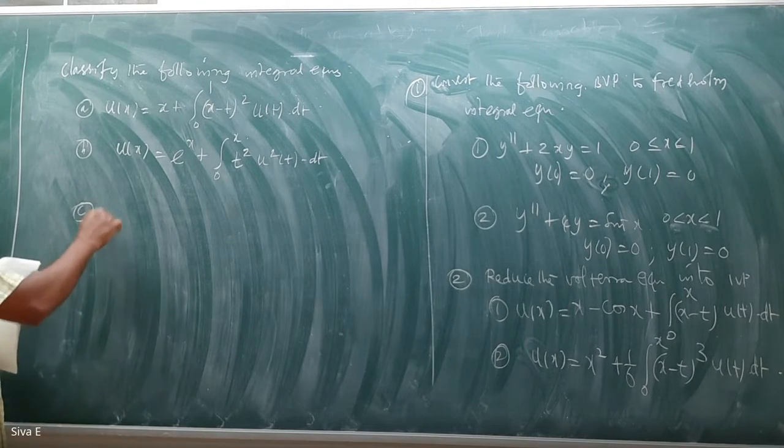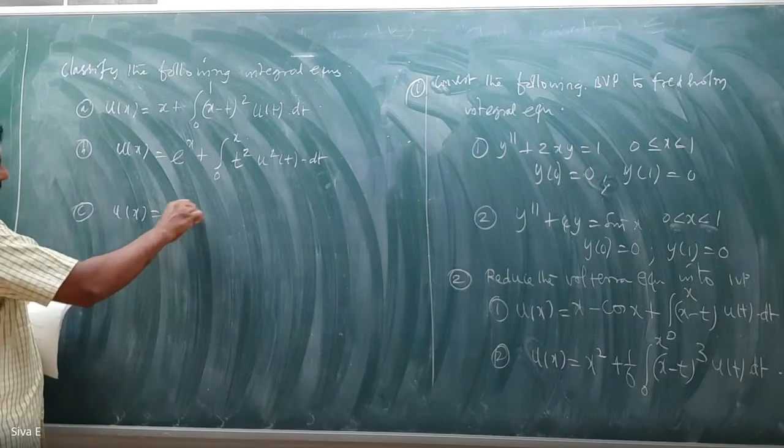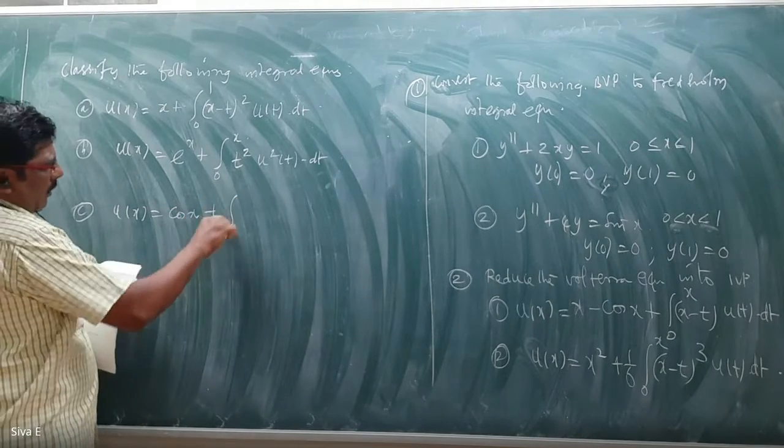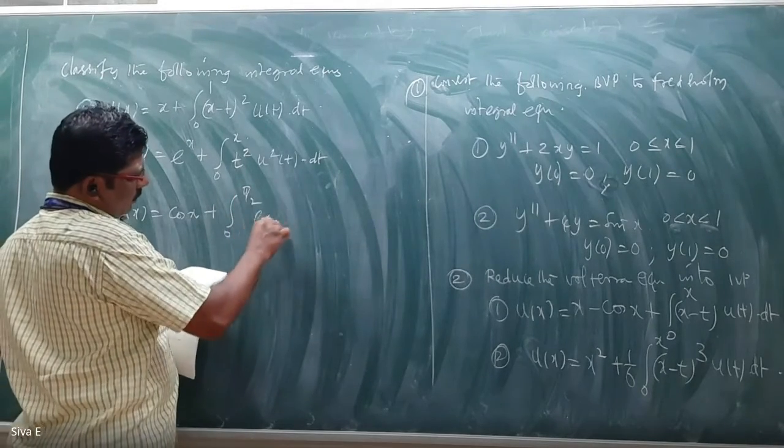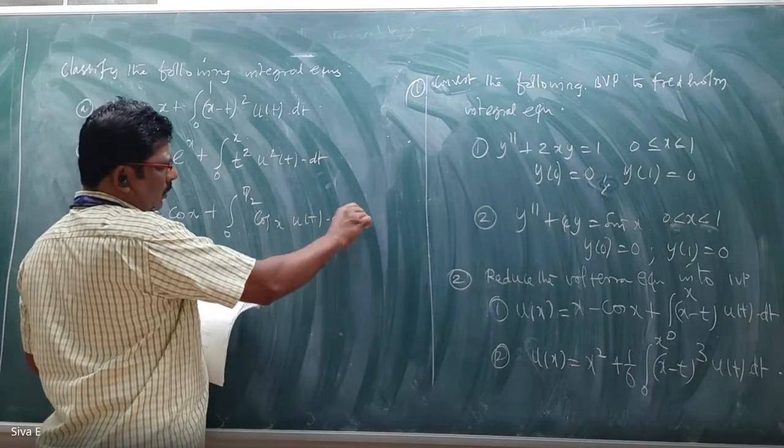C: u of x equals cos x plus integral from 0 to pi by 2 of cos x u of t dt. D: u of x equals 1 plus x by 4 integral of 0 to 1 of 1 by (x plus t) times 1 by u of t dt.